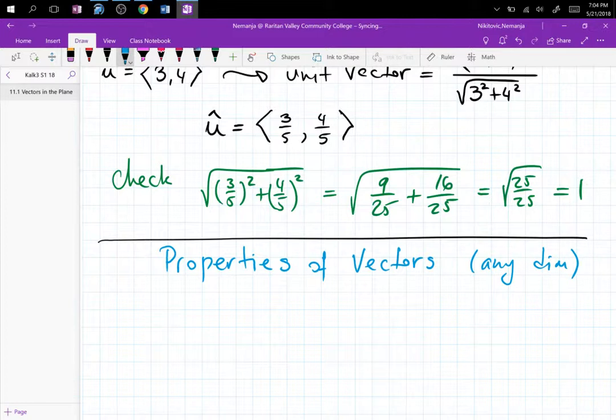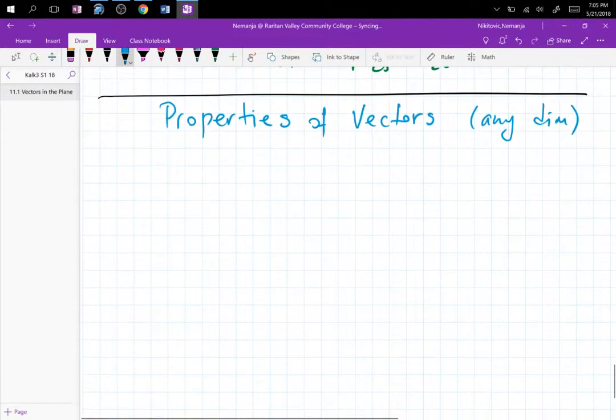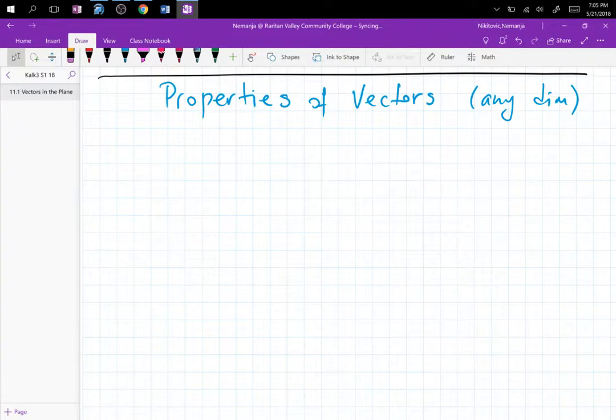The reason why I say any dimension right now is purely because I am lazy to write this list again for our lecture tomorrow. Our lecture tomorrow, 11.2, is going to be on vectors in 3D. And they are going to have the same properties. So let's see what the properties are.